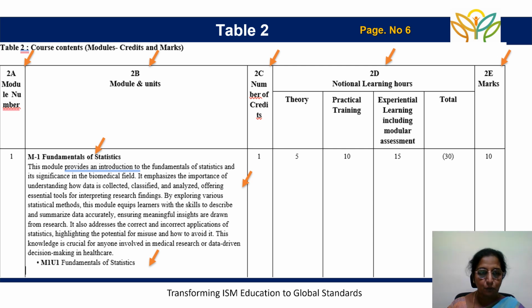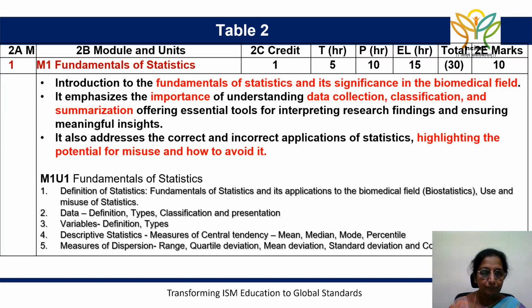Here you can see module 1, broad title, fundamentals of statistics and the contents. Then it shows how many units are there for this particular module. We shall see in detail. So, table 2, module 1, it consists of 1 unit with the broad title, fundamentals of statistics.